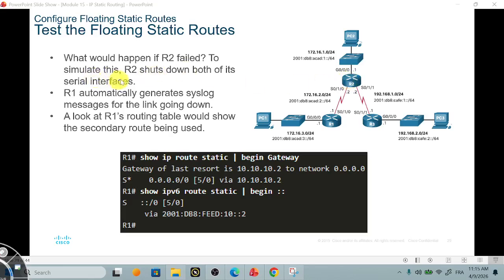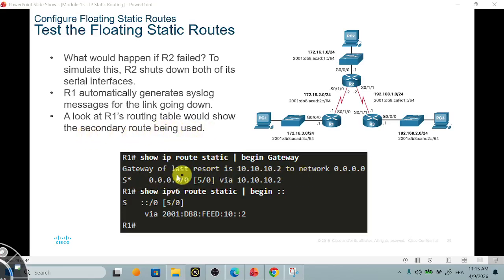To simulate this, R2 shuts down both of its serial interfaces. R1 automatically generates syslog messages for the link going down.